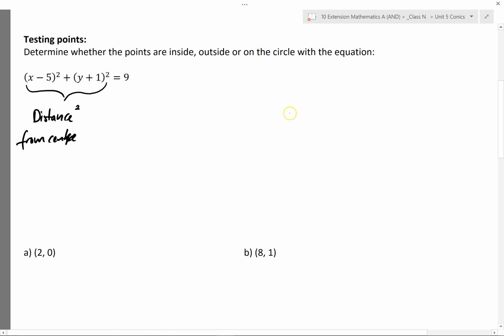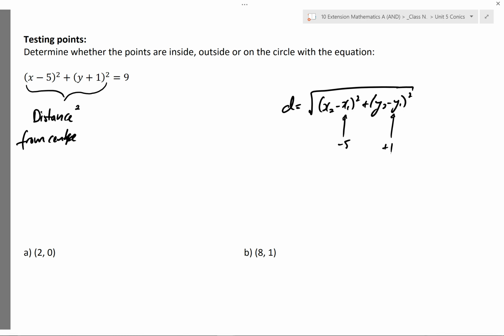If you remember your distance formula, square root of x2 minus x1 squared plus y2 minus y1 squared to tell you the distance between 2 points. This is literally telling us the distance. If I put minus 5 there and plus 1 there, the distance from the point 5 minus 1.